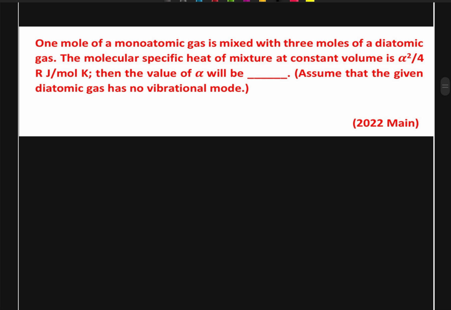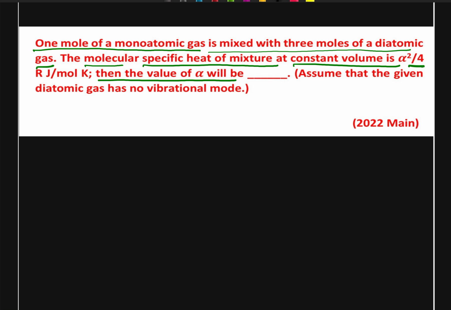Next question. It states that 1 mole of monatomic gas is mixed with 3 moles of diatomic gas. The molar specific heat of the mixture at constant volume is alpha square upon 4. Then the value of alpha will be, assuming that diatomic gas has no vibrational mode. Okay.